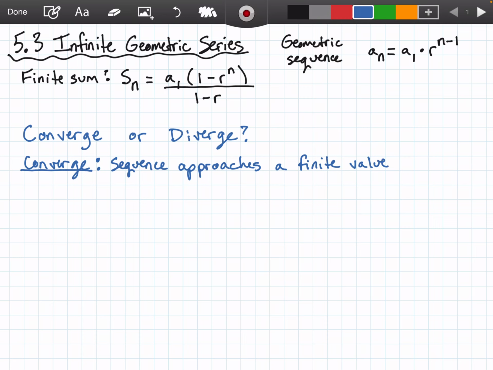Or another way to think about this, the limit as n goes to infinity is finite. So we'd be thinking about if a sequence is going to diverge.